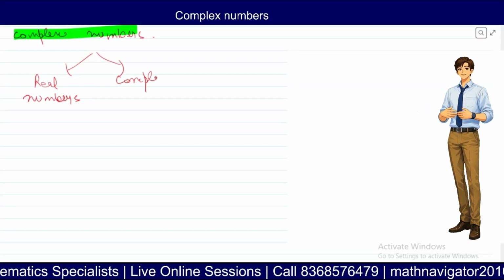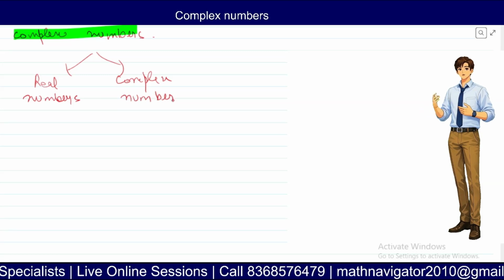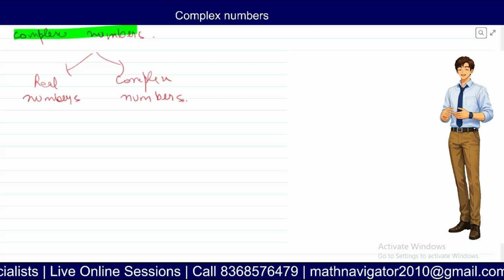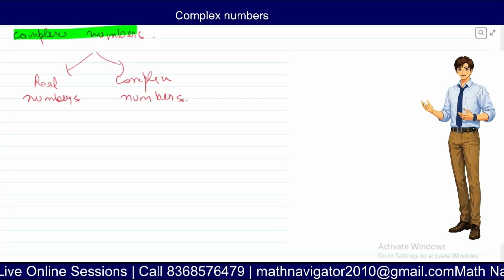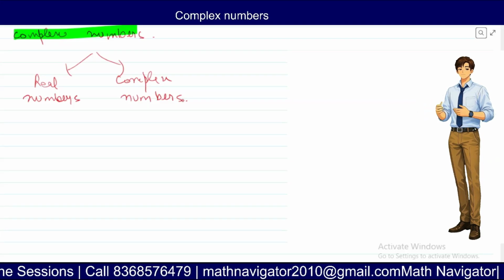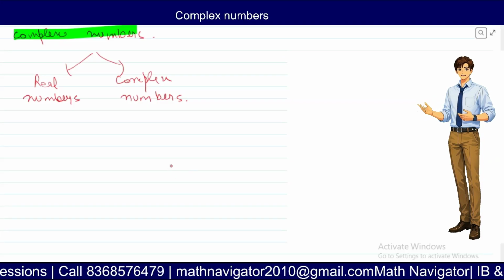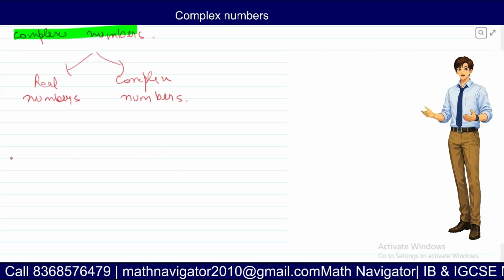Till now we have studied only real numbers. What do we mean by real numbers? Any number which is rational, irrational, or any type of number which we have done till now is a real number. But today we are going to study complex numbers. What is a complex number? What is the use of a complex number?